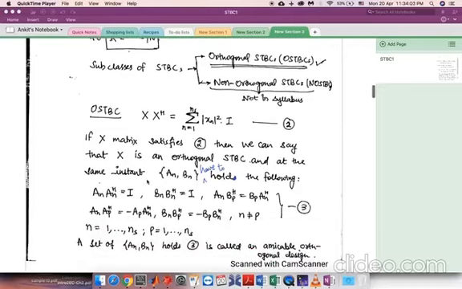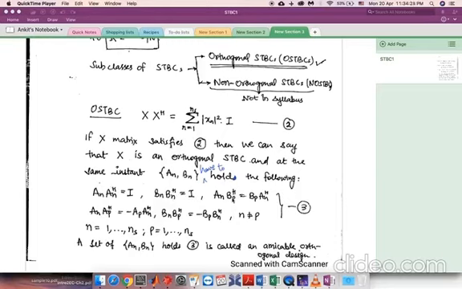However, at the same time, A_n and B_n need to satisfy the following properties. A_n times A_n Hermitian should be identity. B_n times B_n Hermitian is also identity.